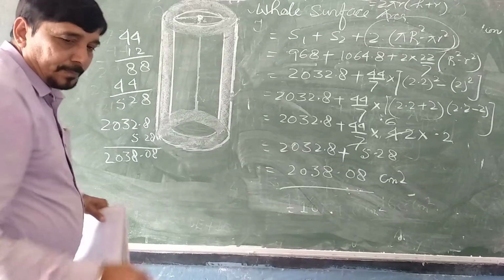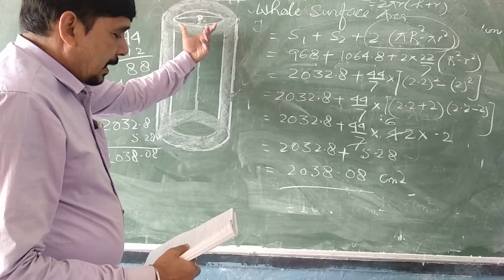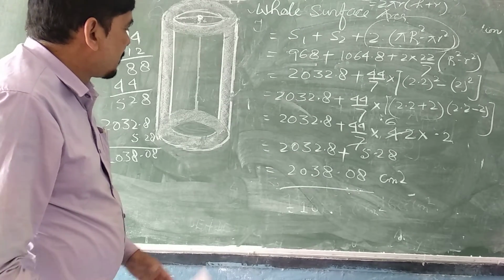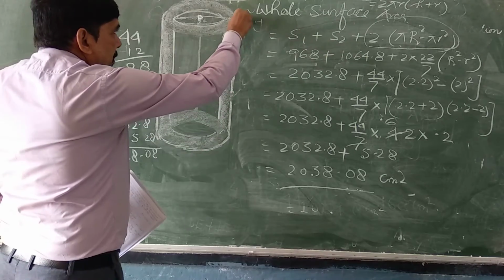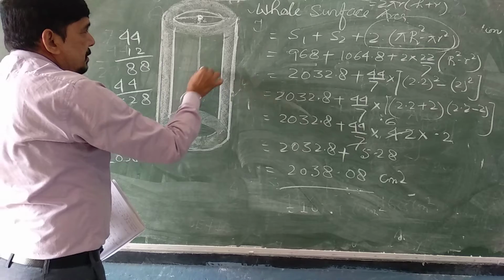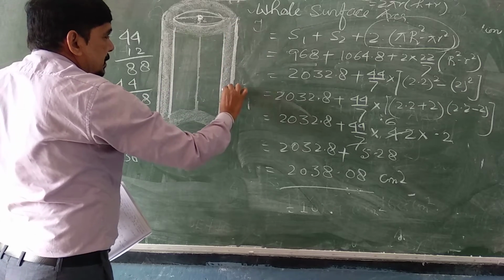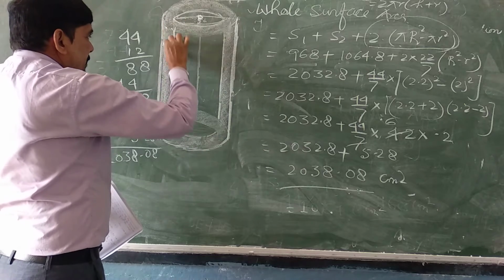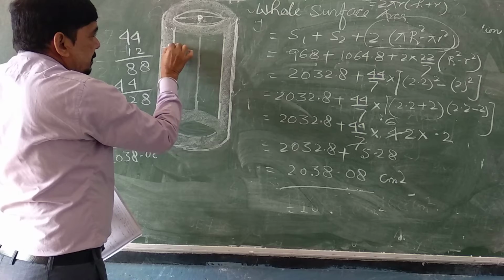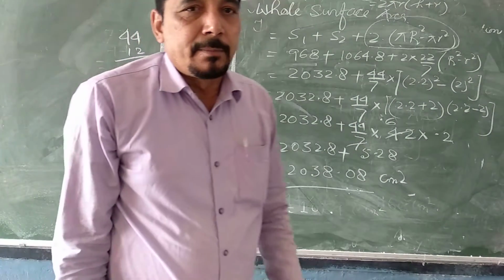Suppose this is an iron pipe which is in the form of a cylinder. There are outer surface as well as inner surface, and the thickness between the surfaces is given as 1 centimeter.